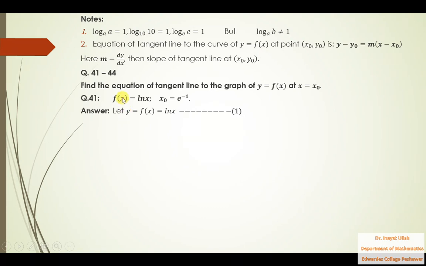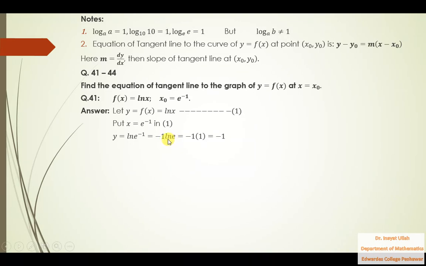Denoting this function of x by y, so y is equal to actually log of x. Put x equal to e power minus 1 in this equation to get y. You'll get y is equal to log of e power minus 1, and using the property of log function, dropping this minus 1 sign in front of log, so that is actually minus 1 log of e.